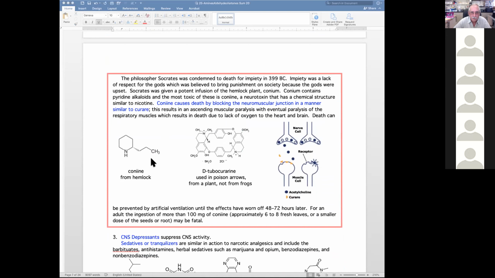So Socrates was condemned to death in 399 BC for impiety. Impiety was a lack of respect for the gods, which was believed to bring punishment on society because the gods were upset.